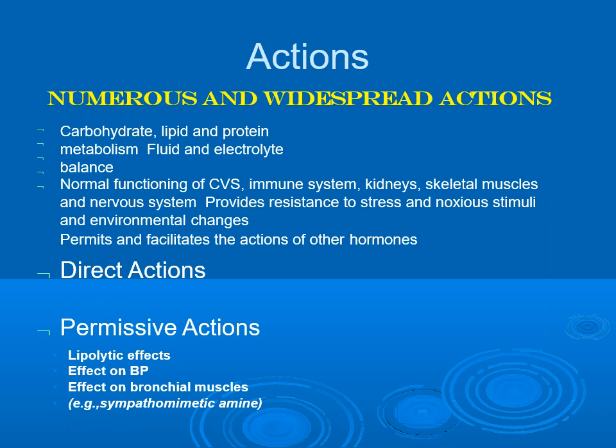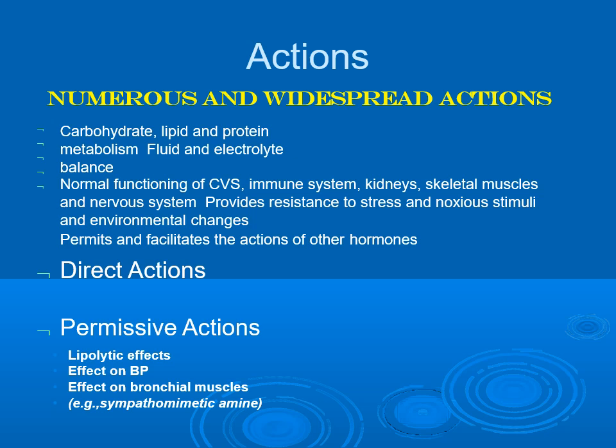Now come to actions of corticosteroids. There are numerous and widespread actions of corticosteroids. They affect carbohydrate, lipid and protein metabolism, fluid and electrolyte balance, normal functioning of the cardiovascular system, immune system, kidneys, skeletal muscles and central nervous system.